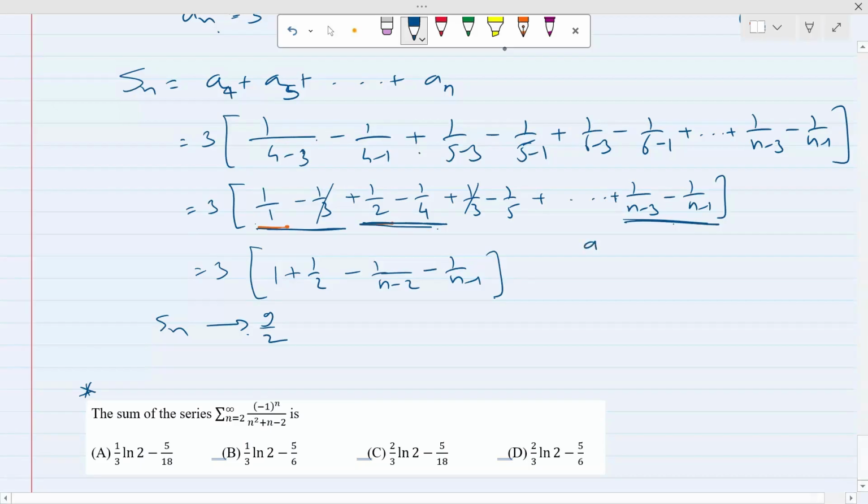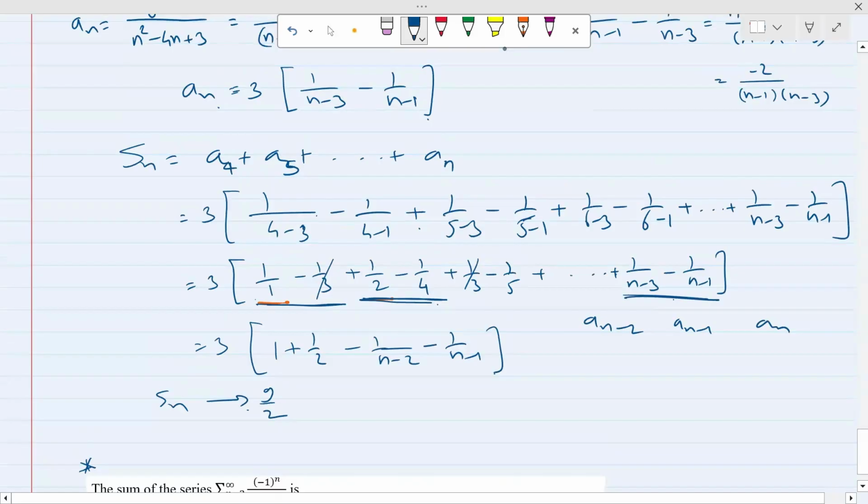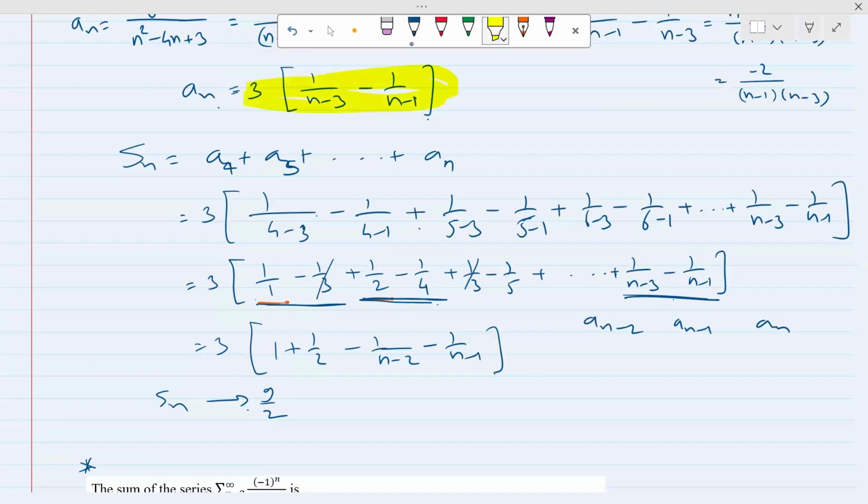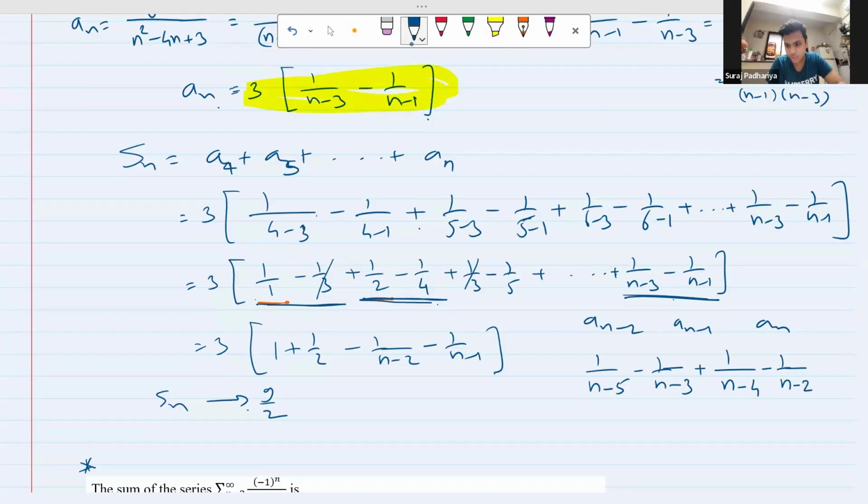Let us write an minus 2, an minus 1, and an. What is an minus 2? 1 by n minus 5 minus 1 by n minus 3. Plus an minus 1 will be 1 by n minus 4 minus 1 by n minus 2.